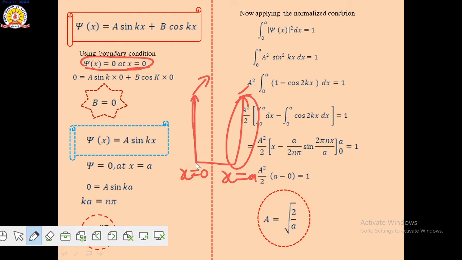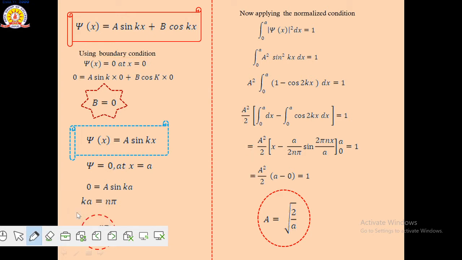So at that wall, the wave function of the particle will always be 0. That's why here I am putting psi of x is equal to 0. Psi of x is equal to 0, it means, suppose you are in your room, and you have some balls, and those balls collide with the wall of that room.